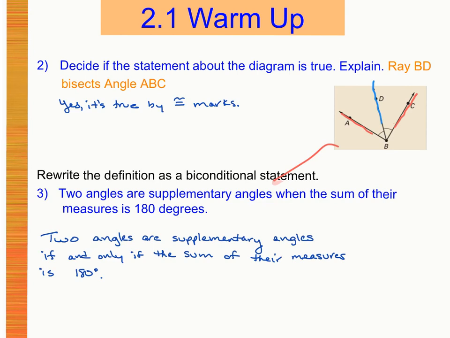Because remember, in a biconditional, it does not have the word if or then. Instead, it has in the middle here, if and only if. So we could say two angles are supplementary angles if and only if their sum of the measures is 180. So be able to write a biconditional from a definition, from a conditional, be able to turn it into a biconditional.